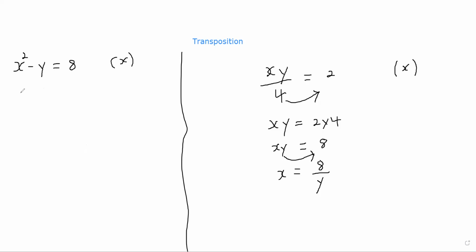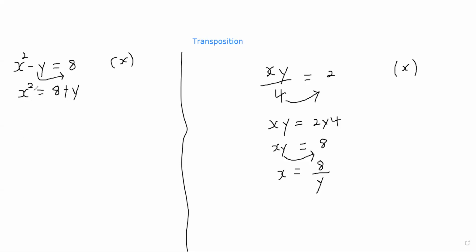So we first need to carry over the y. We have x squared, and the y here is subtracting, so we take it over and we need to add. So we do 8 plus y. And we don't want x squared to be the subject. We want x, so we got to carry over this square. When we carry over a square, we just get square root. When we carry over a square root, we just get square.